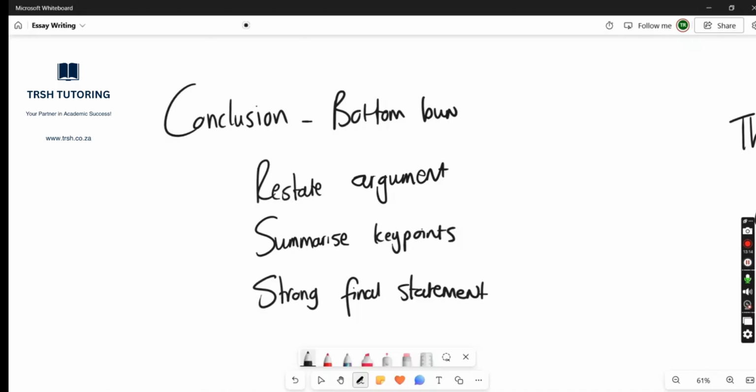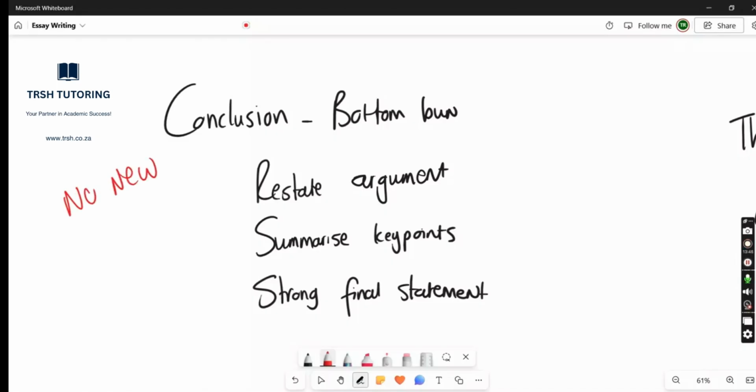So, for example, you could say something like, in conclusion, schools should make sports compulsory because they improve health, teach teamwork, and build confidence. And then you could say something like, these benefits help learners succeed both inside and outside the classroom. Then there's a conclusion. So do not introduce new ideas.